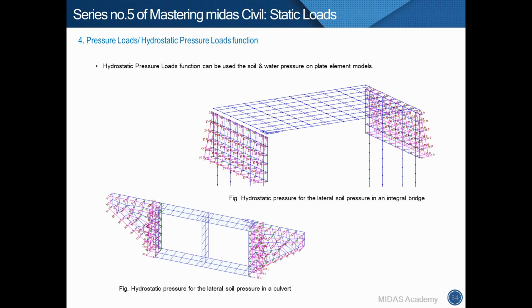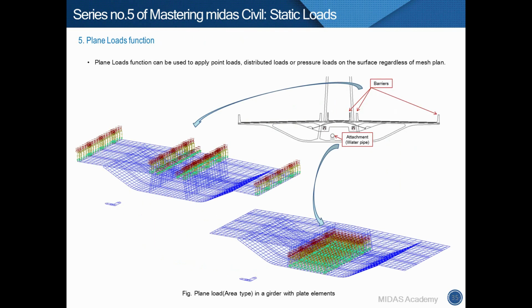And these models are an integral bridge and a culvert that contain plate elements. Here the hydrostatic pressure load function is used to consider soil pressure and water pressure. The last model applies the plane load function.